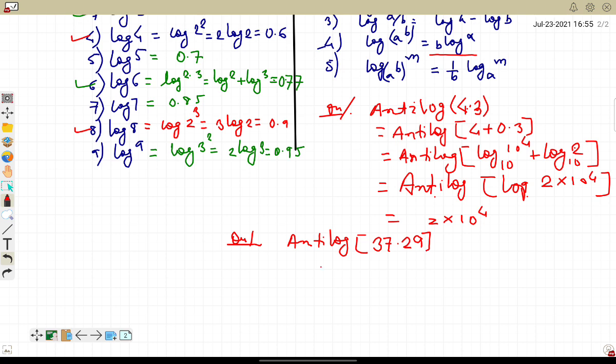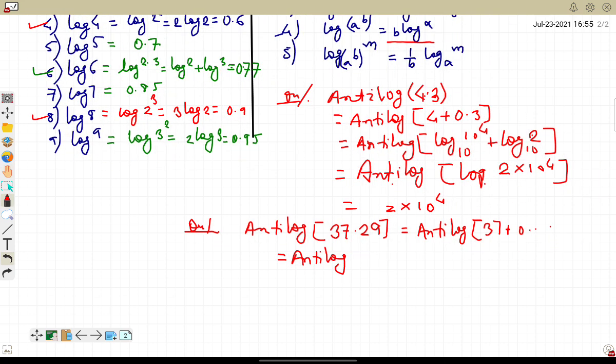We can write this as antilog, first write antilog 37 plus 0.29. How can we write 37 in the form of log?